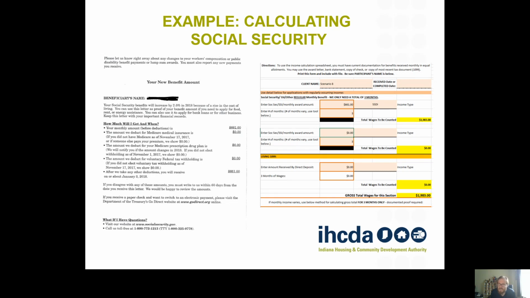If someone does not have a recent Social Security award letter, if your intake staff has the capacity, you should always try to help that applicant to set up that account and to download that letter, just because it really is the easiest way to do it. In this case, as you can see, this person just received $661 per month. We put it into the worksheet, multiply by 3, and it just spits out that number. It's really easy.